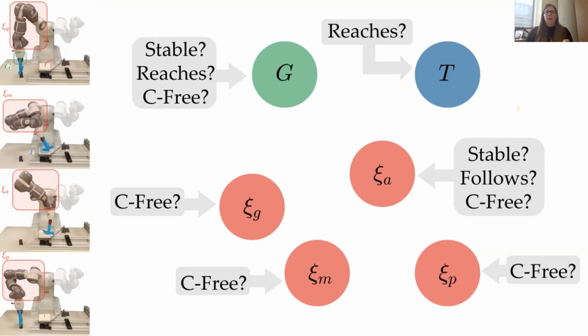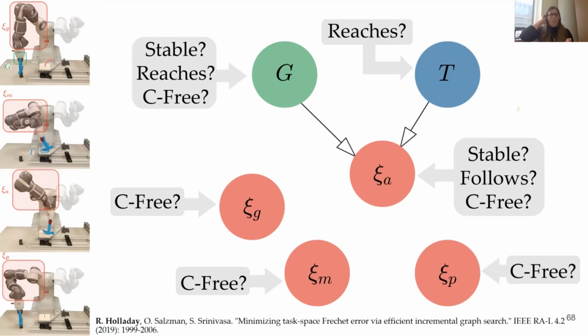Once we have those defined, those are inputs into our method for finding a path that both follows and is stable. To generate that, we use a special graph-based planner that uses the frictional distance to capture that notion of following. This was work done by one of my favorite people, Oren Salzman. Unfortunately, I won't be talking about that, but Oren and I would be happy to talk about it at length at some other point.